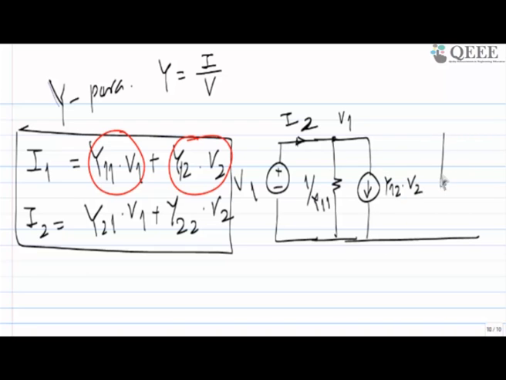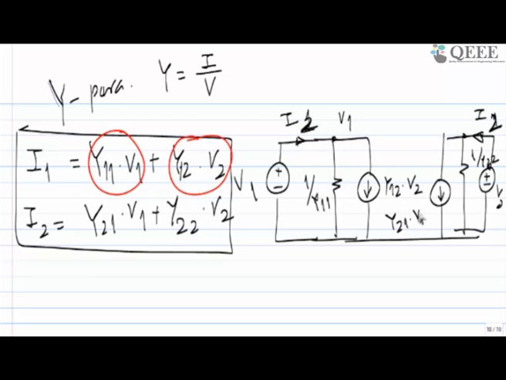Similarly, on this side you will have one current source, one resistance, and one voltage which is V2. I2 is on this side, and this will be 1 by Y22, and this side it's Y21 times V1.